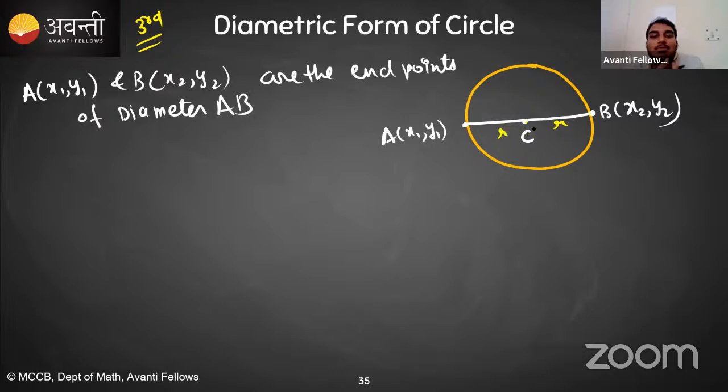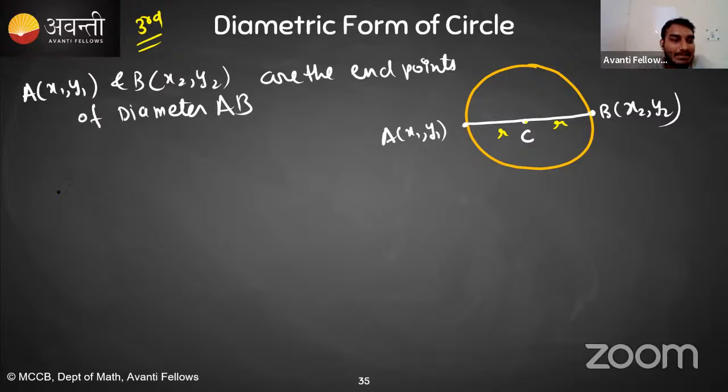It implies the center is the midpoint of AB. So find the center, and as soon as we find the center, CB or CA will give you the radius. So the center is given, the radius is given, then you get the circle, right?